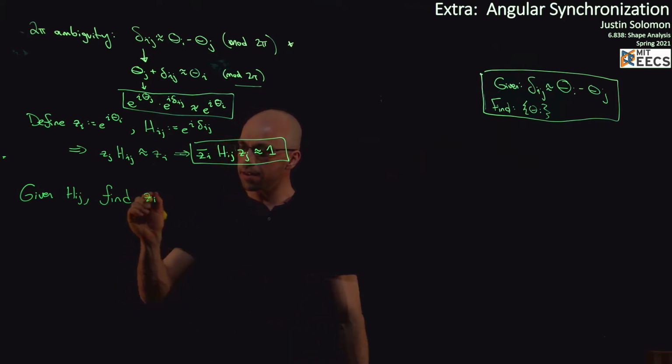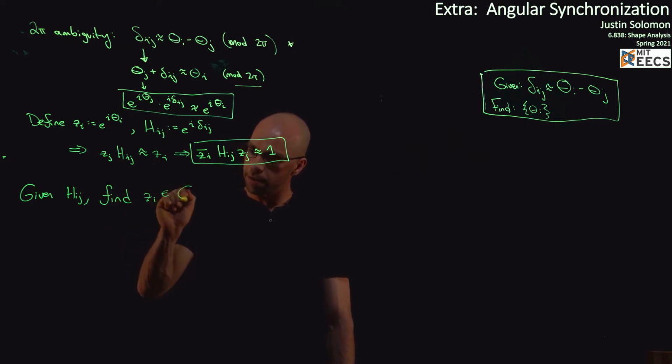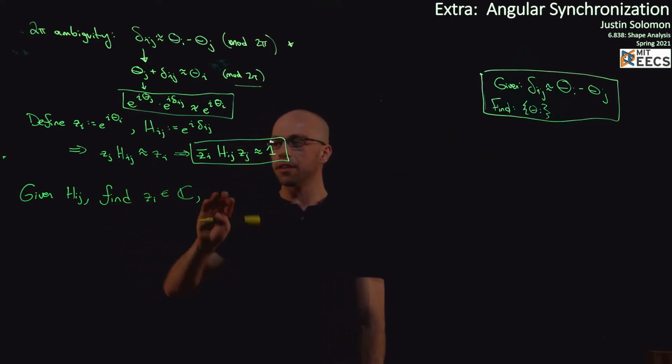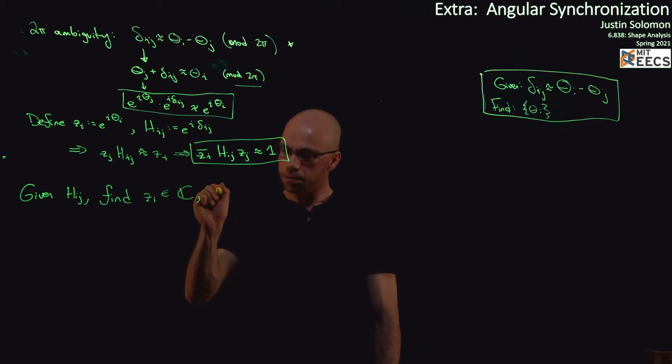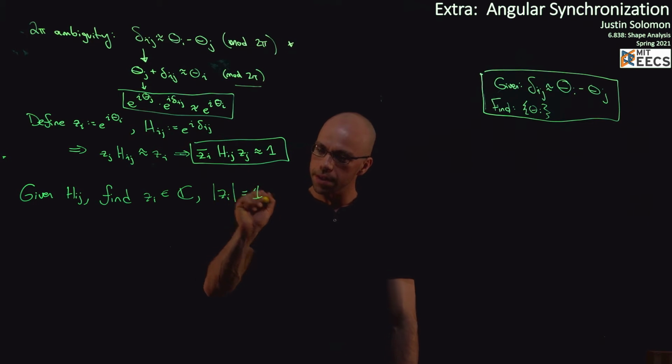And notice that for one, the z_i's are complex valued, and because they're like cosine and sine of an angle, they satisfy that they are norm 1 in the complex numbers.